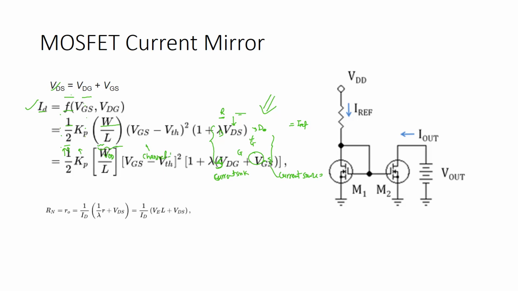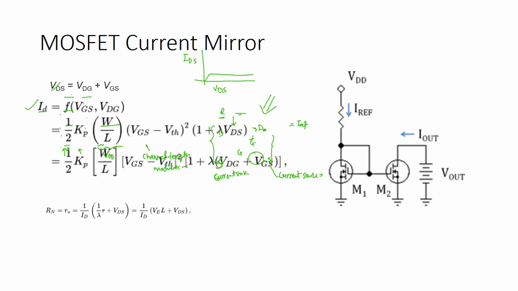Channel length modulation is a concept where with the increase of the voltage difference between drain and source, your current slightly increases. So we can show that by means of the curve. We just analyzed and said that IDS versus VDS current is constant all the time.